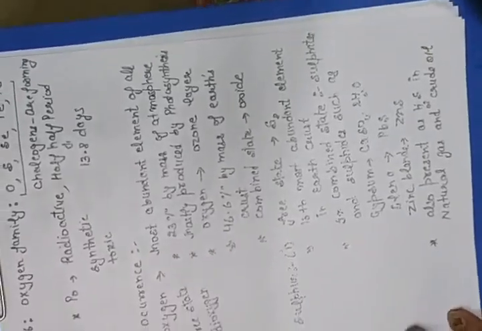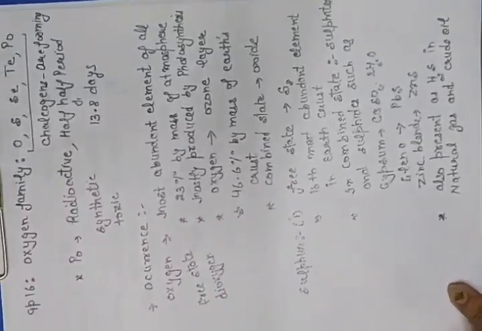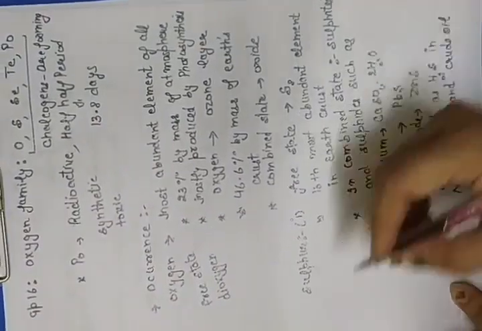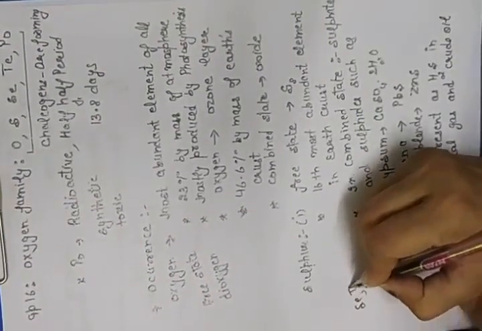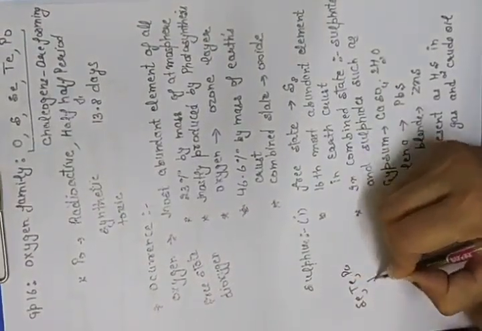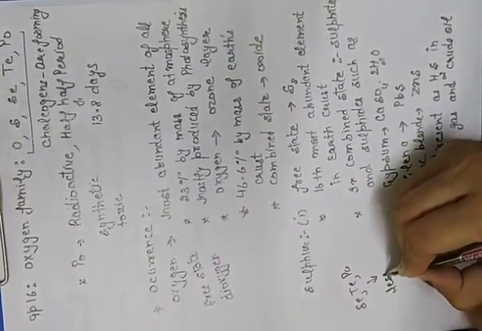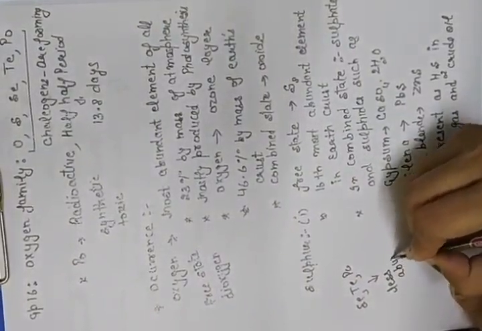So this is the occurrence of sulfur. Other elements are less abundant.